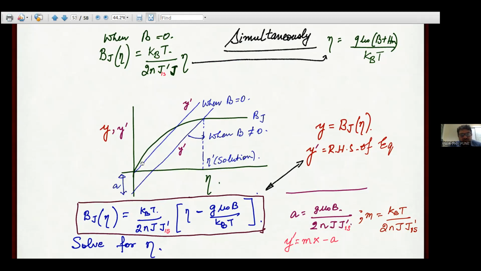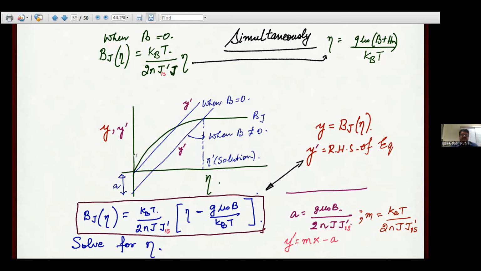And what is the slope of this line? It's not this quantity, it's this quantity. If it is lower here, then it will intersect at a finite value of eta, at a finite value of hm, right?